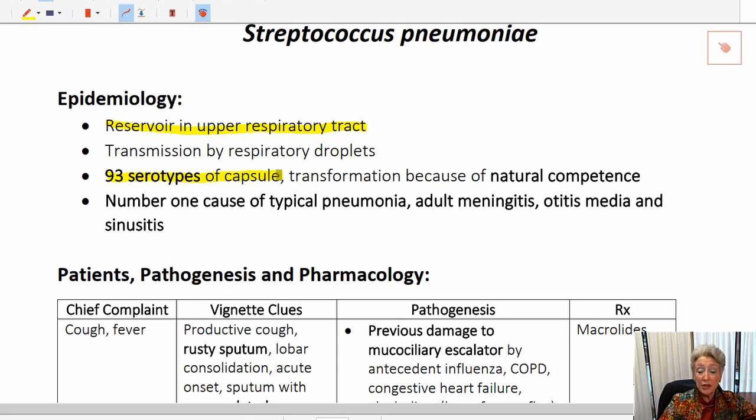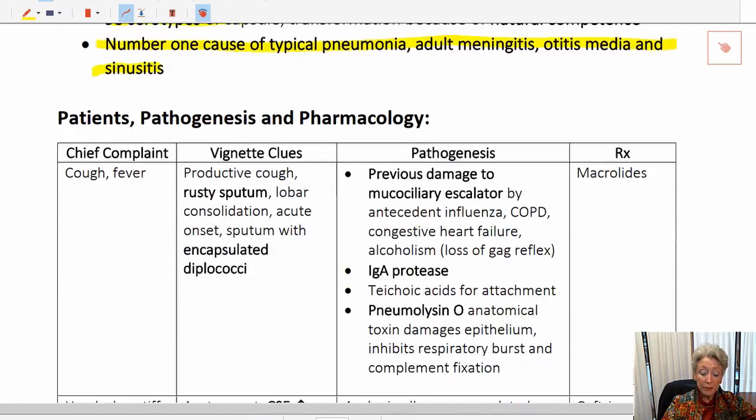So they are constantly sharing capsular antigens and causing the problem of antigenic variation, basically. This is the #1 cause of typical pneumonia, #1 cause of adult meningitis, #1 cause of otitis media and sinusitis, so a very important agent.